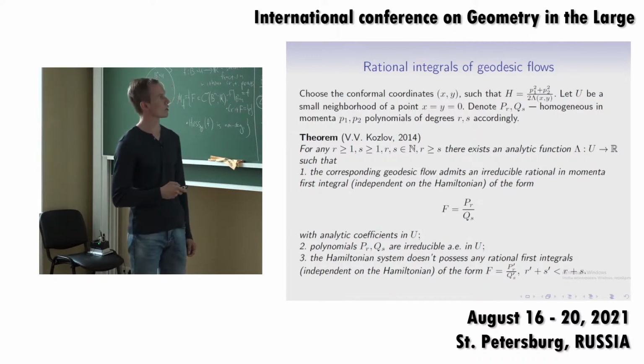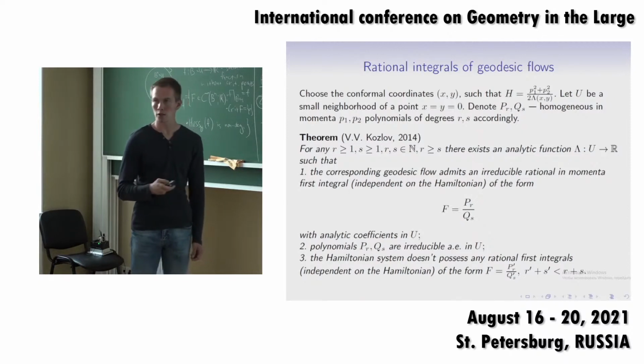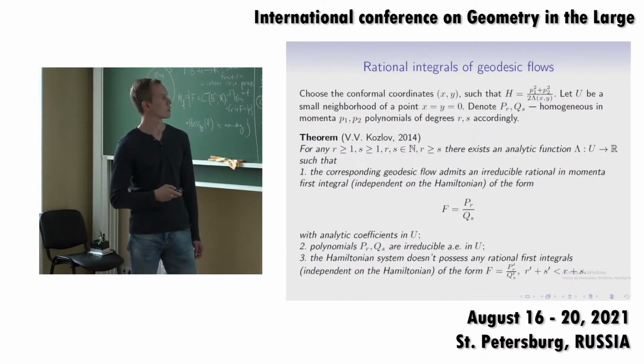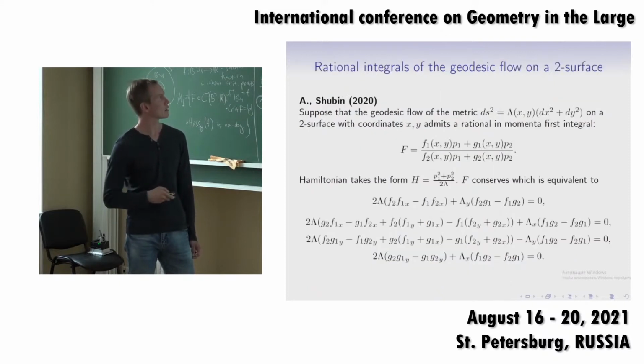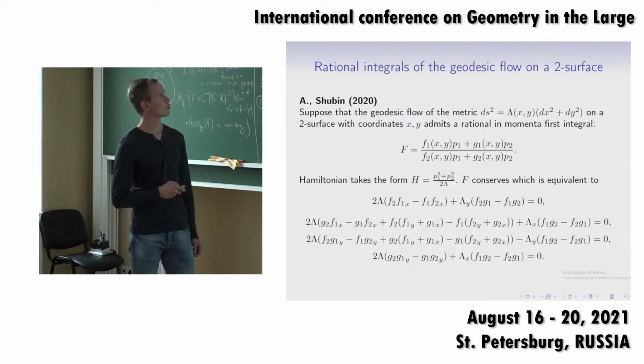And in this paper Kozlov proposed a few questions. One of them was about explicit integration of the corresponding equations and searching for examples of such metrics and first integrals. So in this paper there were no examples. And this is what we were trying to do in 2020 together with Vlad Shubin.